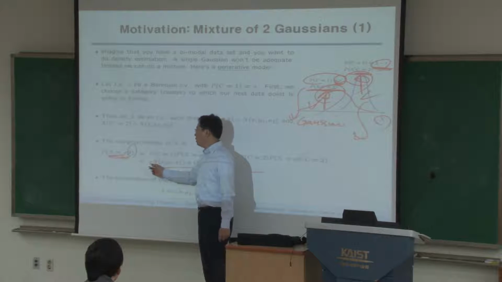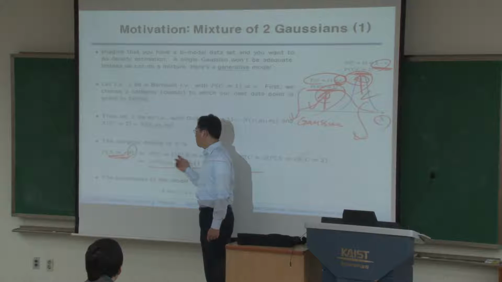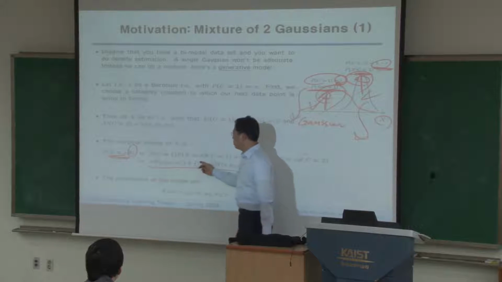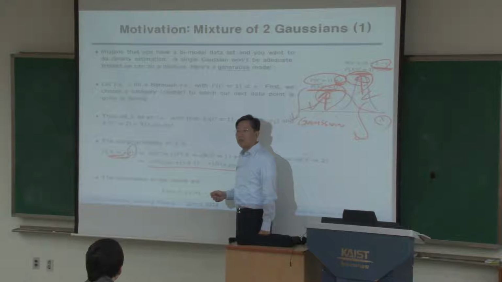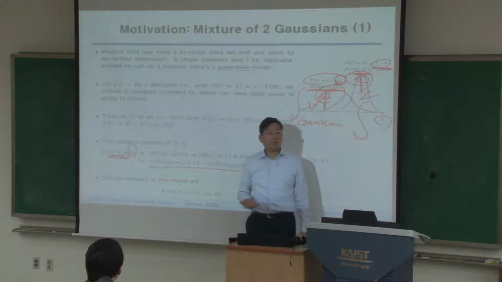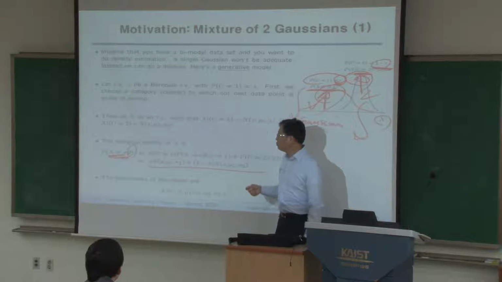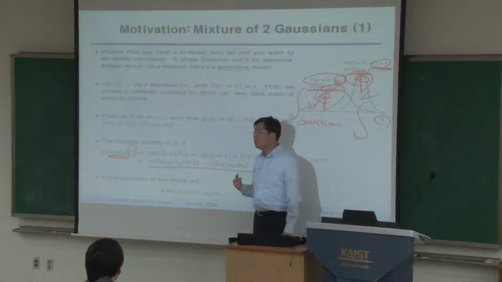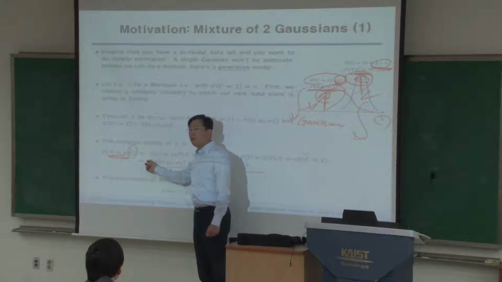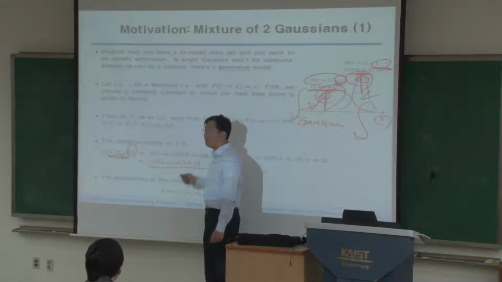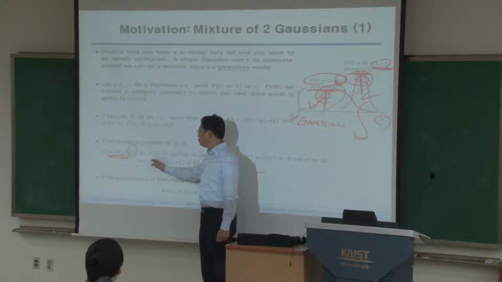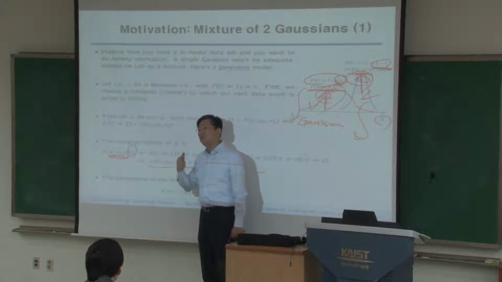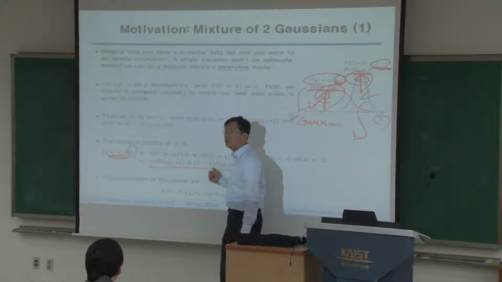So with probability pi, it follows Gaussian 1. With probability 1 minus pi, it follows Gaussian 2. Okay? So this is a two-step process. You throw a coin with probability head of pi, tail 1 minus pi. If it's head, then I choose this Gaussian. If it's tail, then I choose this Gaussian.